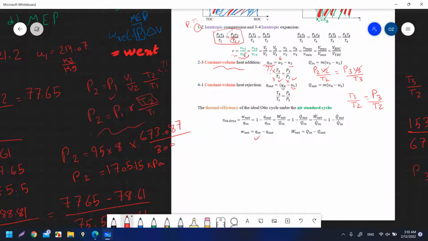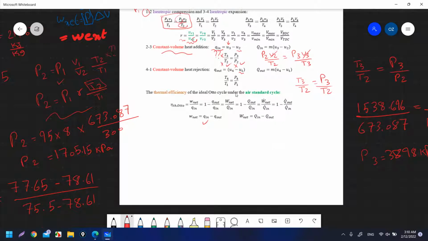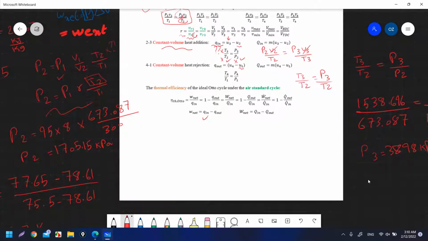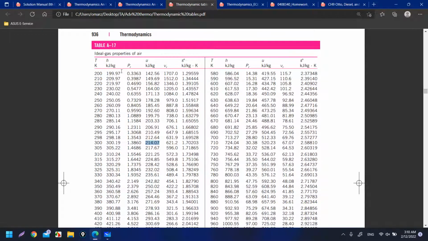I don't have U4, but I can find U4 if I have anything related to this table. If I have T4, H4, or VR4, but I don't have anything at state 4. So I have to find a property at state 4 so I can find U4.